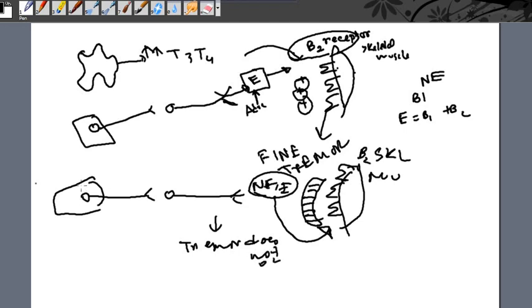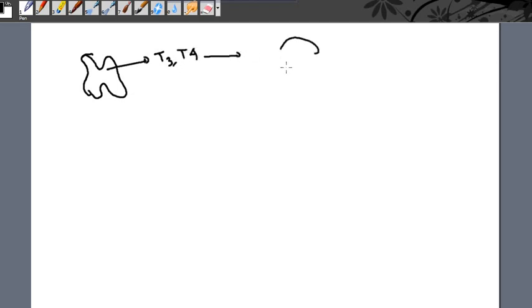And another mechanism why the beta blocker is used in hyperthyroidism is that in hyperthyroidism again you release T3 and T4, and this T3 and T4 will enter into your central nervous system.